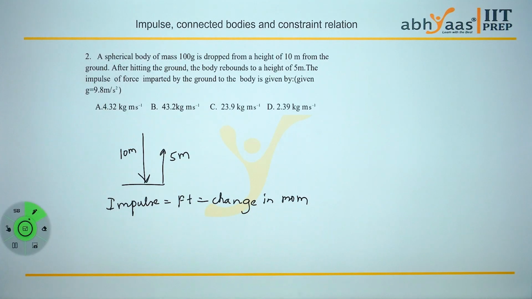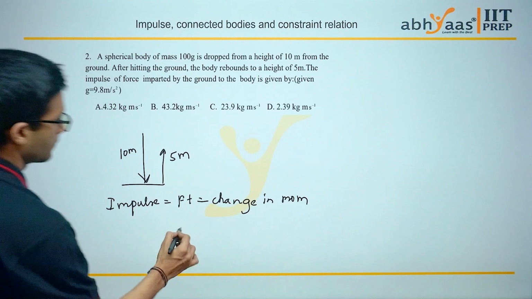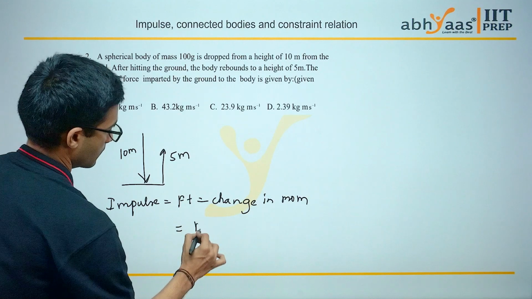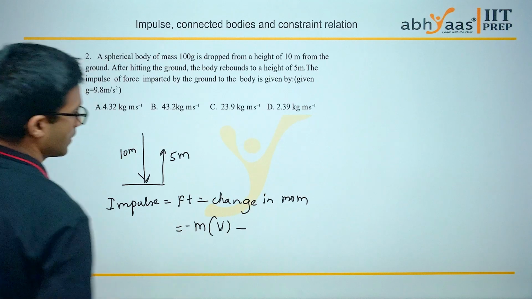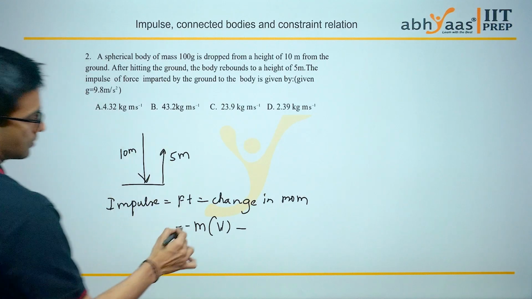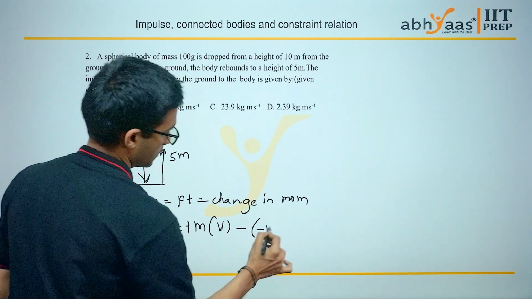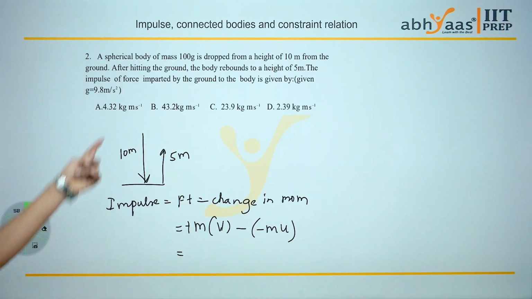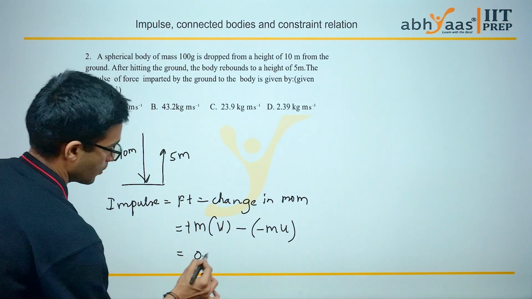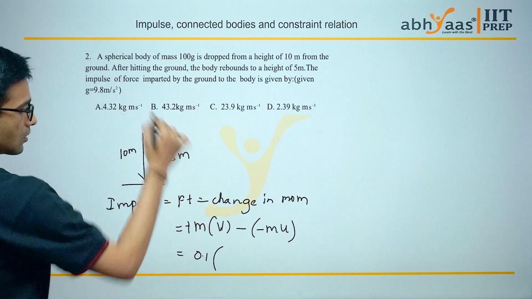Change in momentum. So final momentum is mv minus, if you consider upward as positive, minus of minus mu. Okay, what is the mass? Mass is 100 grams, that is 0.1. So v is root 2gh.